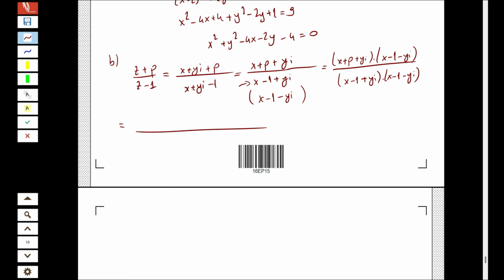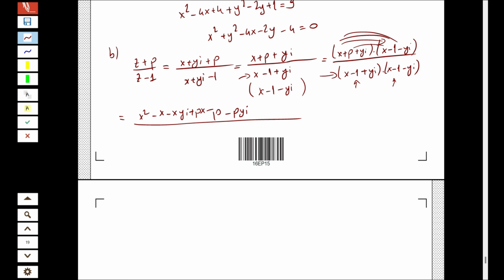At the numerator, just be careful. x squared, I'm just distributing, right? Minus x, x y i, and again px minus p minus py i. And I'm going to multiply yi with the terms in parentheses again.